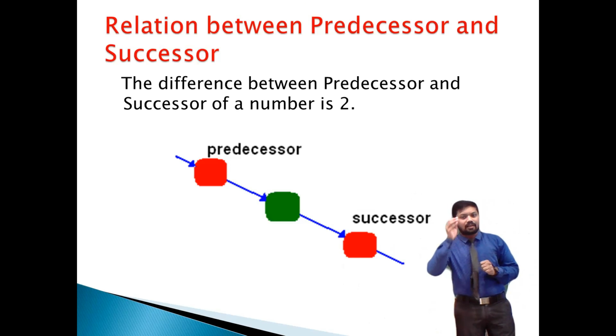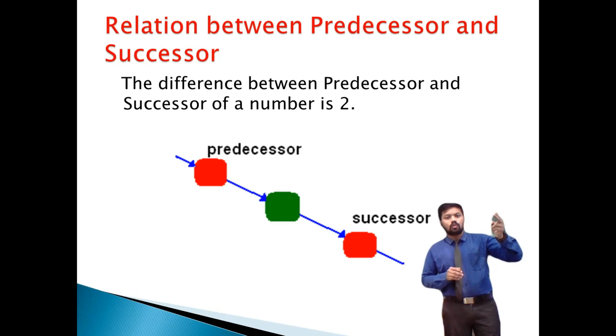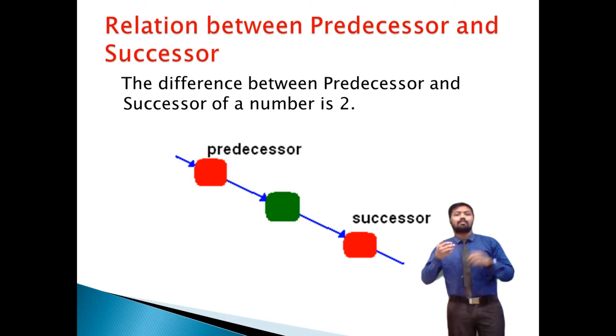If I consider the green block as the number 3, then obviously the predecessor will be 2 and the successor will be 4. They're asking us to find the difference between the successor and predecessor. So what will we get? 4 minus 2, that is equal to 2. You can try any number of examples like this.